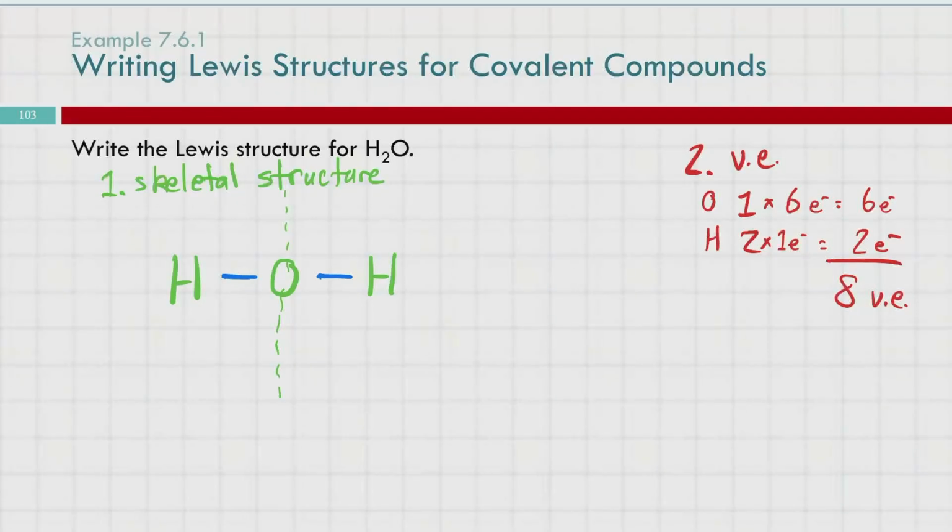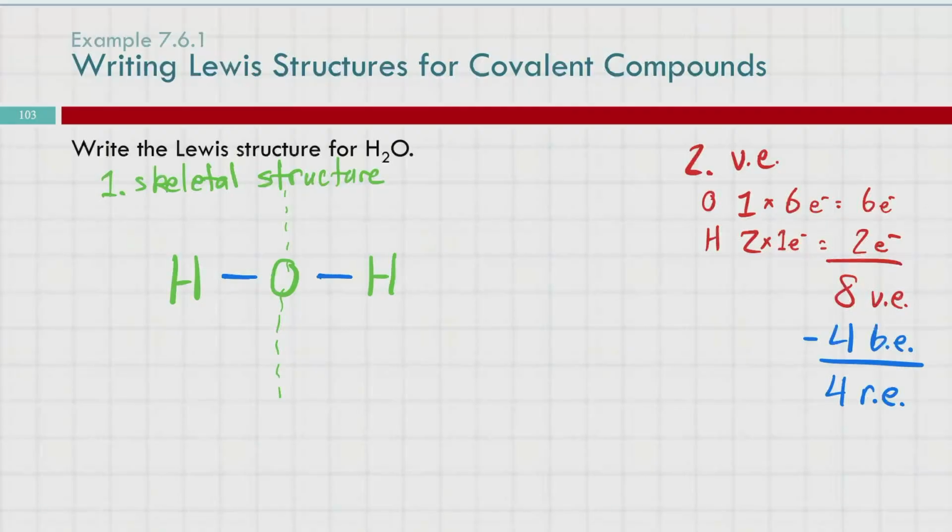How many electrons is in 2 bonds? 4. 2 times 2. So 4 bonding electrons. So 8 total valence electrons, we subtract 4 for bonding electrons. We're left with 4 remaining electrons, and we're going to put those in to fill out our playing field, and then we'll do some checks.